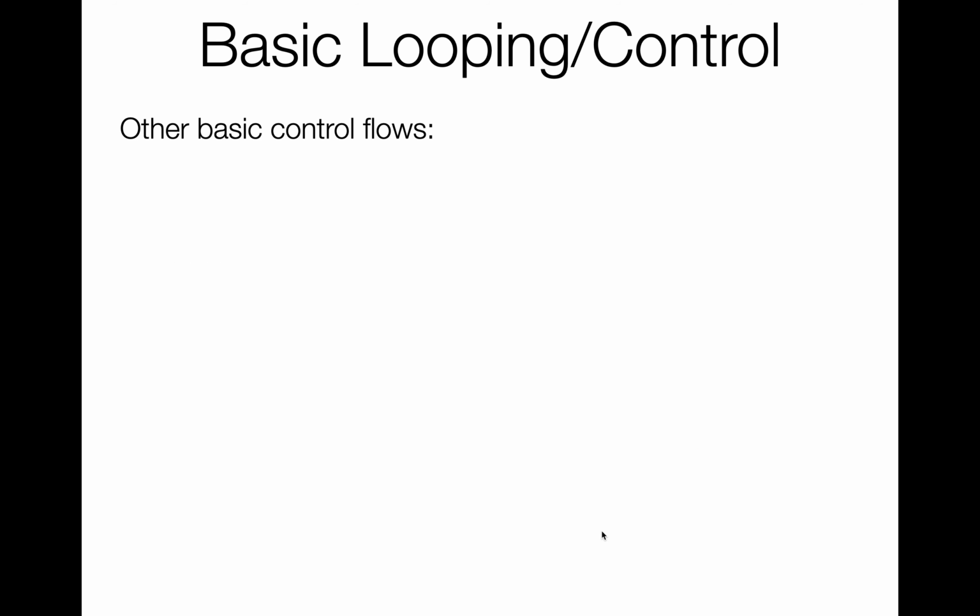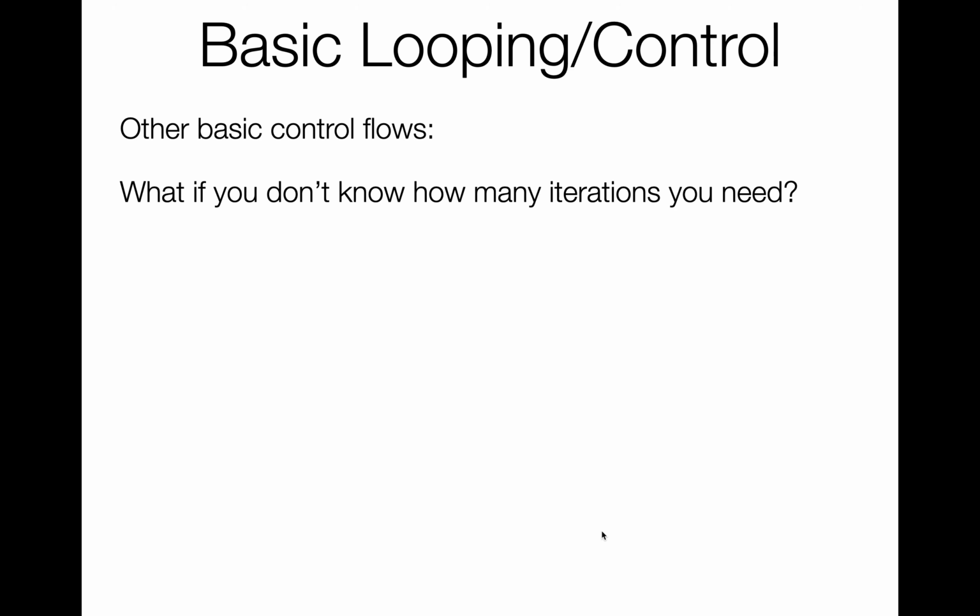Okay, great. Other basic control flows, or basic looping or control structures. If you don't know how many iterations you need, then you would use a while loop. So there's the while loop. You put the condition that it needs to meet to keep going, or the condition to stop, in that condition place.